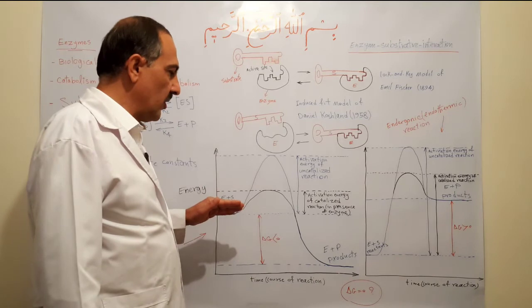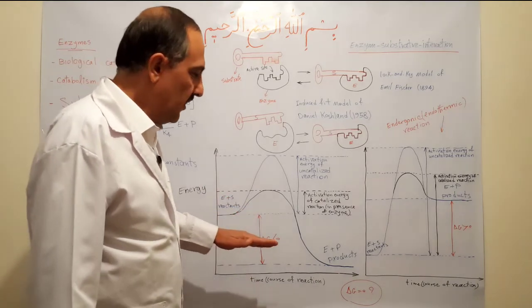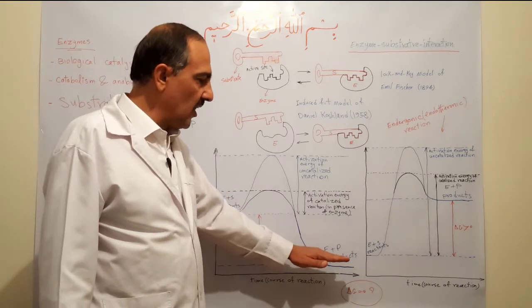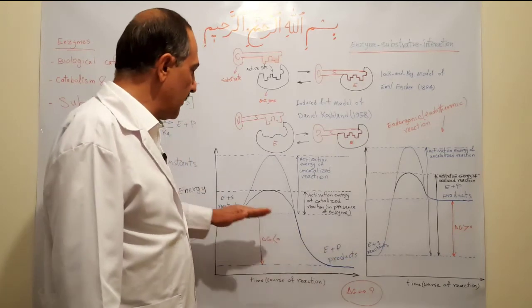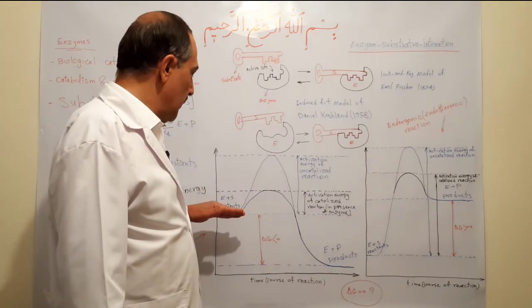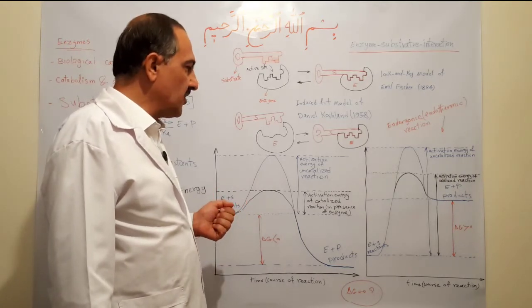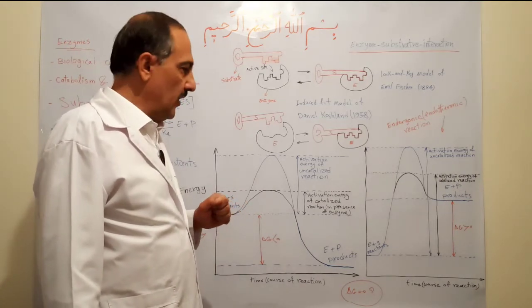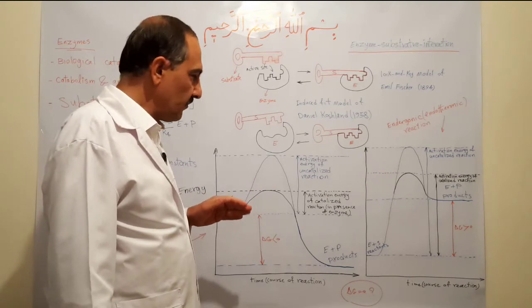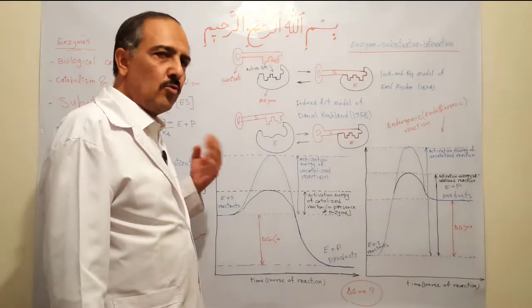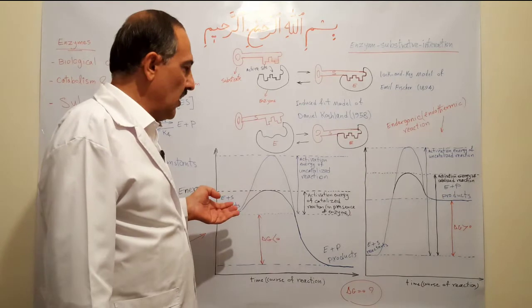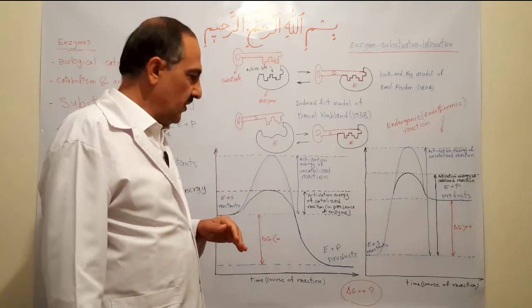In exergonic or exothermic reactions, the free energy level of products is lower than that of reactants. So exergonic reactions are spontaneous. They don't need energy and they release energy.